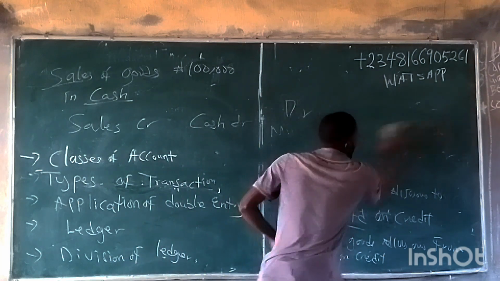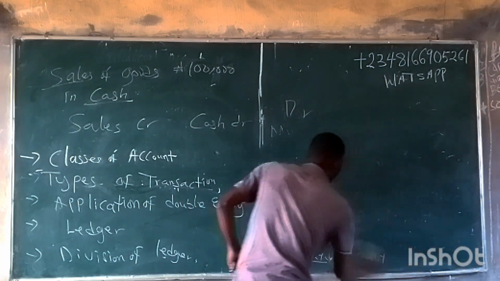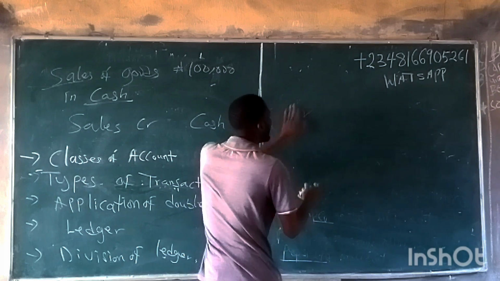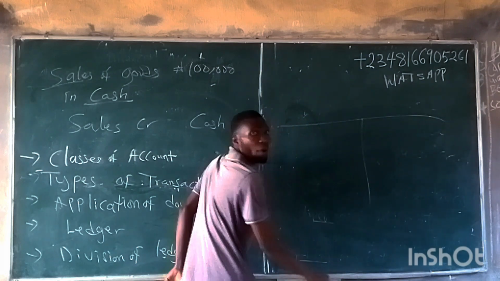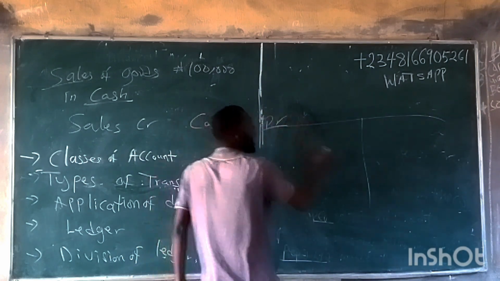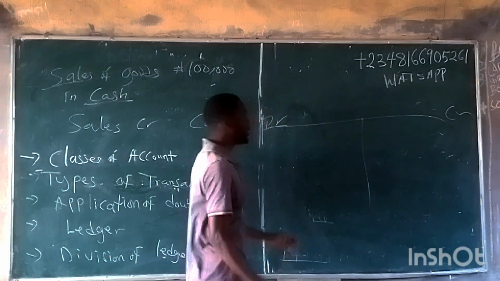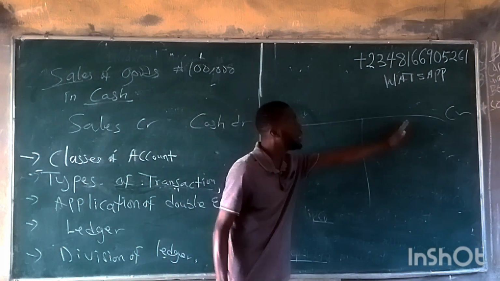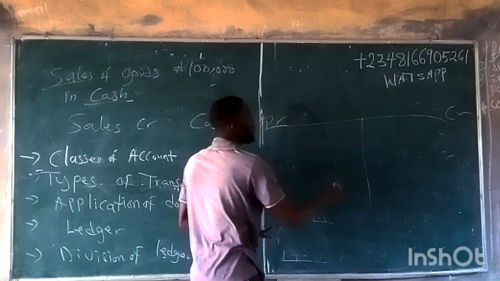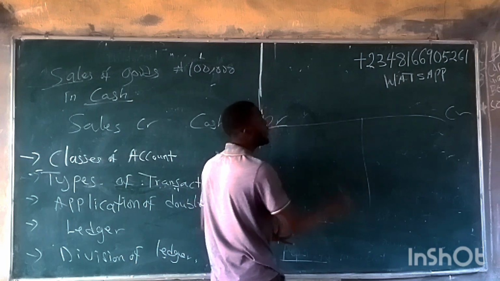Now, this is the format of the ledger. The ledger is this form where we have the debit and the credit. This is the debit, this is the credit. Then you write the name of the account. Let's assume the name of the account is Nico.